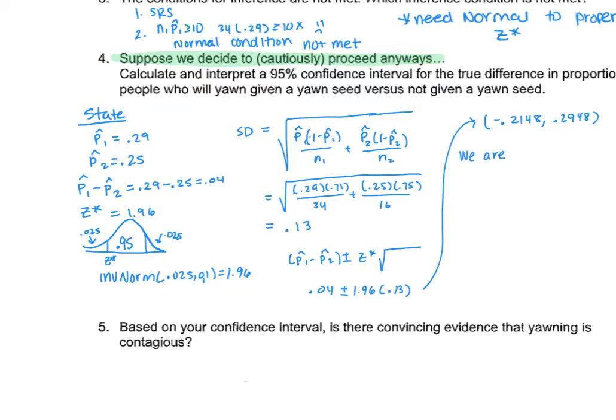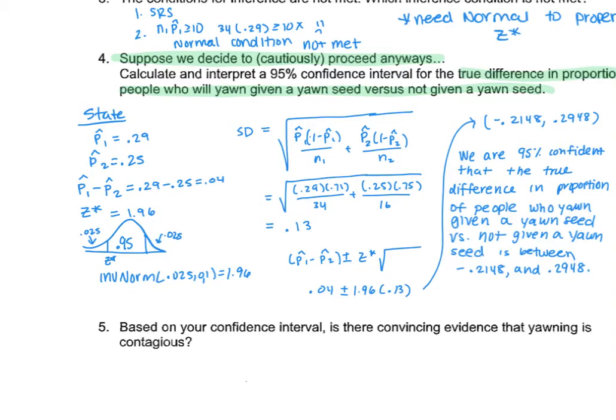We are 95% confident, always start with that, the true, or the population value, the true difference in proportion, and you can always find this in the paragraph if you aren't sure of the wording to use right here. True difference in proportion of people who will yawn. You can basically just rewrite this part right here in your conclusion.